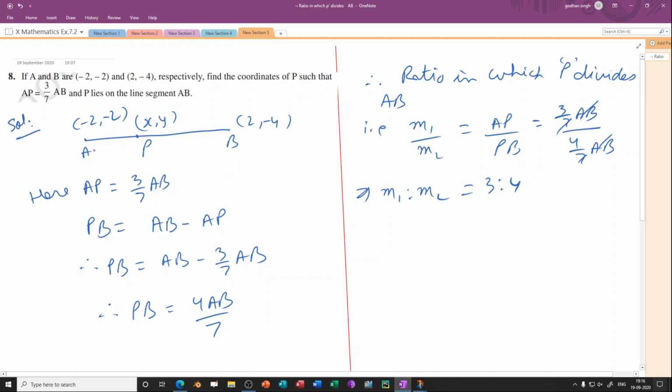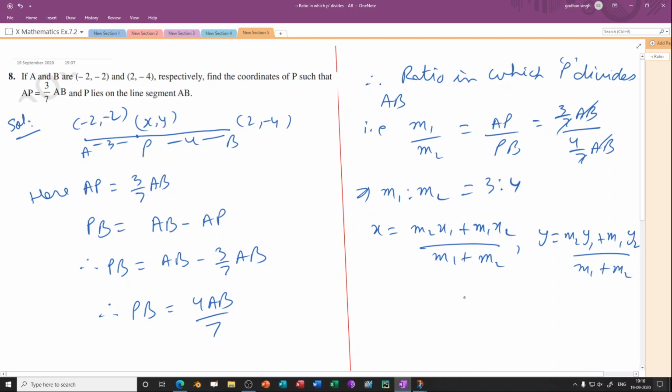So this will be our 3 and this will be 4. Now we can use the section formula and obtain the values of x and y. x equals (m2 x1 plus m1 x2) over (m1 plus m2). In the same way, y equals (m2 y1 plus m1 y2) over (m1 plus m2).